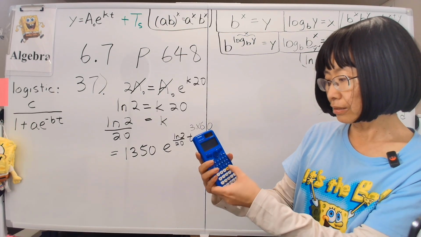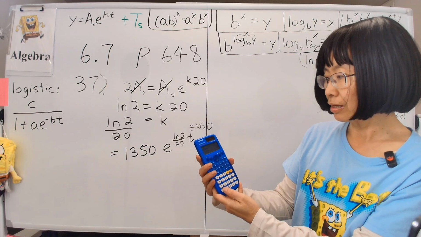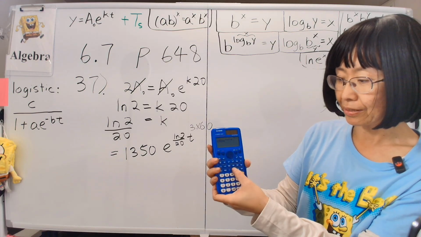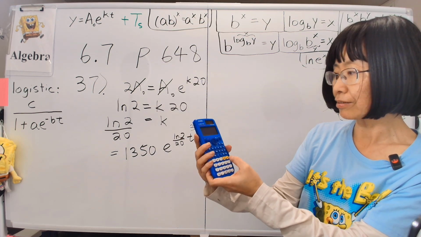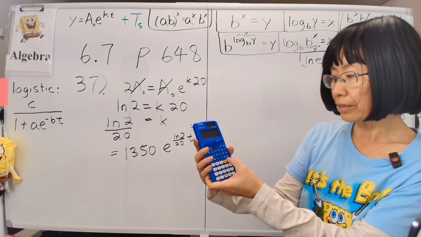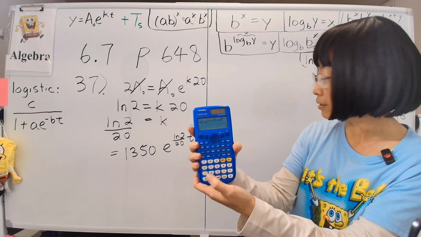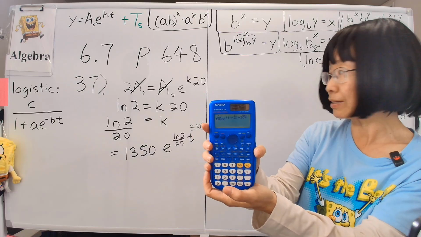Natural log of 2 divided by 20. Sorry, I will have to do the close parentheses, because natural log comes with this parentheses and only applies to 2. Divided by 20. And then close parentheses, that's the end of the e business.